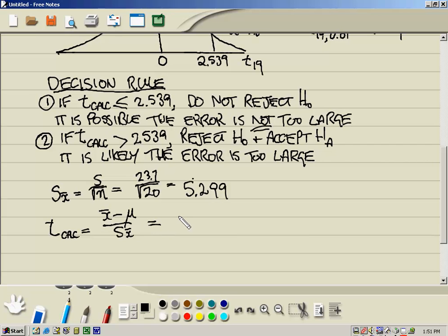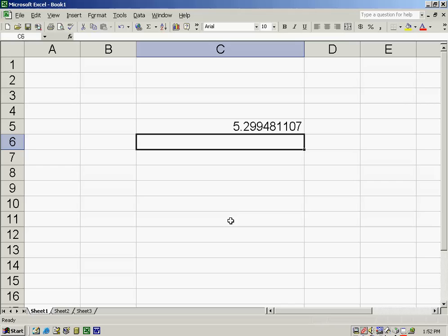So x bar, the sample average, was 12.4, minus mu, the value in the null hypothesis, the 5%, and the standard deviation, which we've just calculated, 5.299. And the value for that, going back to Excel, 12.4 minus 5 divided by the standard deviation, is 1.396.